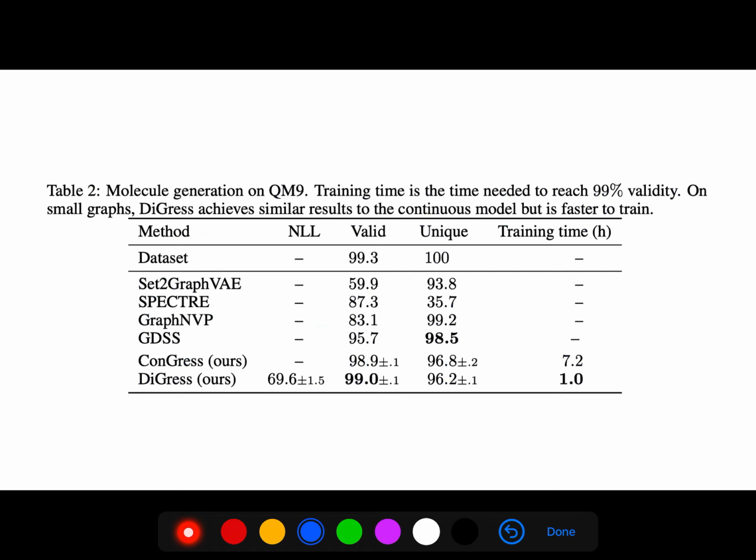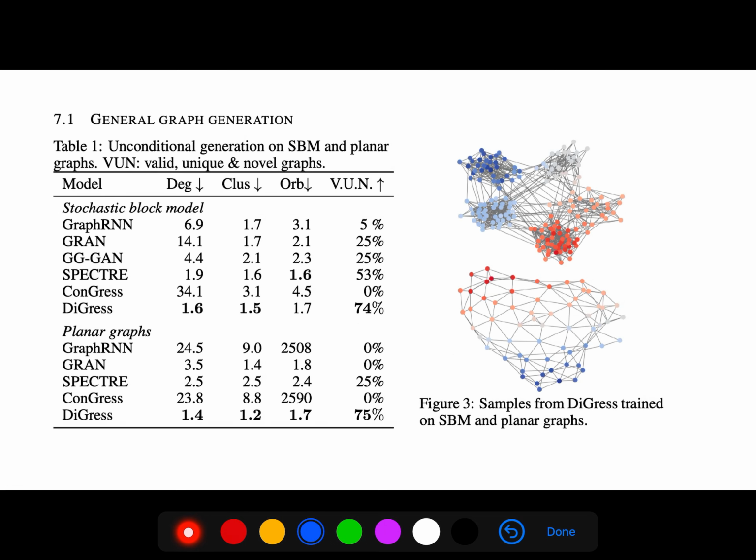So, QM9, ZINC, MOSES, these are important data sets you should know. The most important, there are many measures, but here for QM9, they just did validity and uniqueness. Nowadays, we have around 10 to 20 different measures to see the performance of your diffusion-based graph generation.